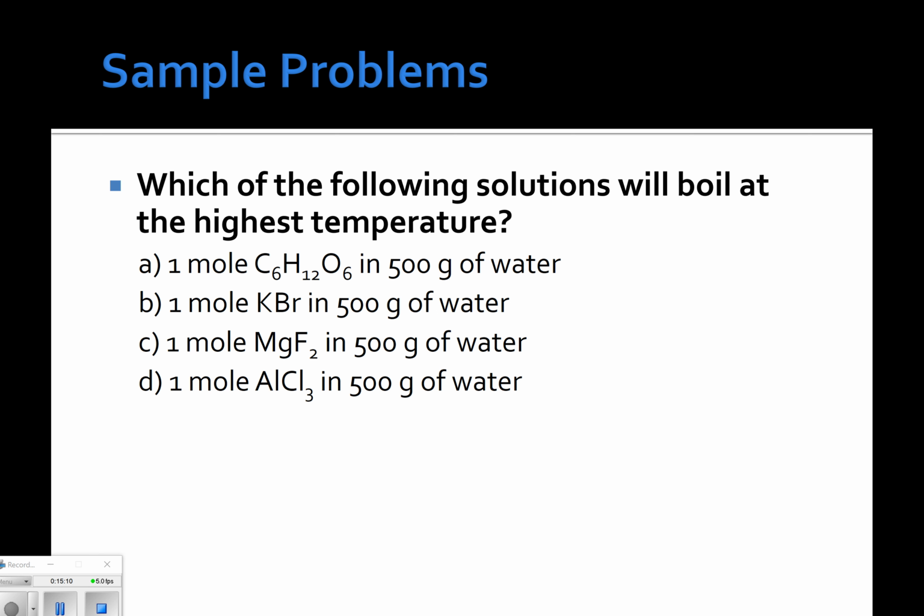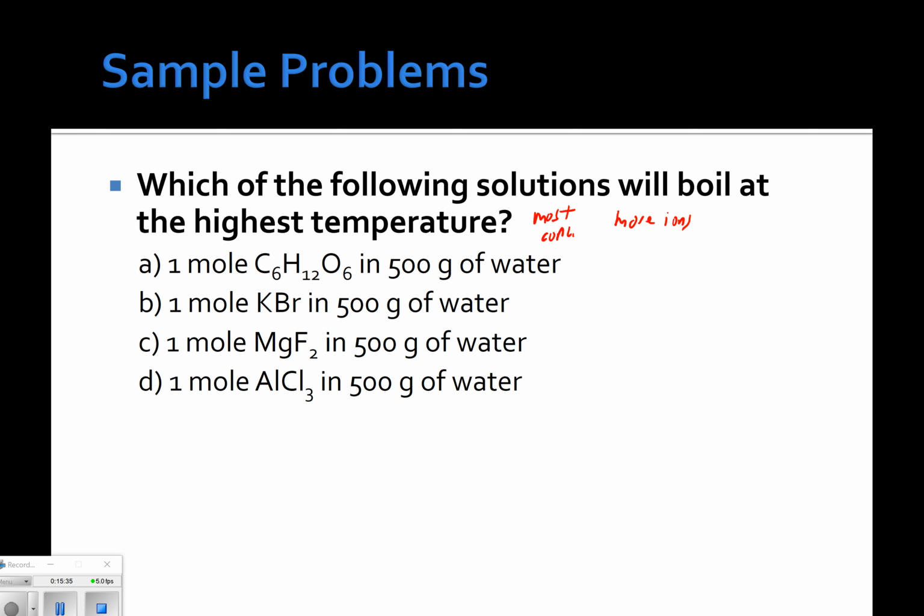Now, which of these solutions will boil at the highest temperature? To boil at the highest temperature, we're going to want the most concentrated, or more ions. For each of these, we have 1 mole of each of these compounds, and they're in the same amount of water.